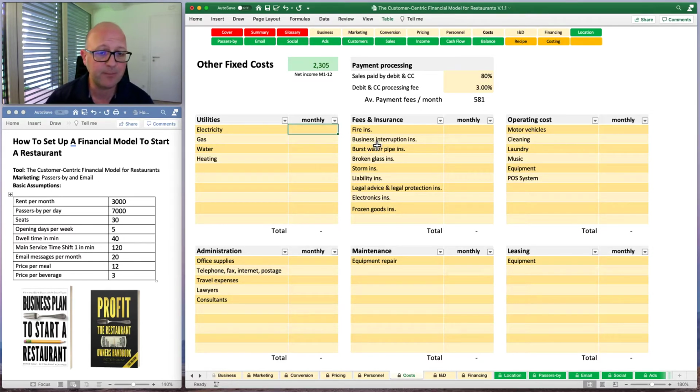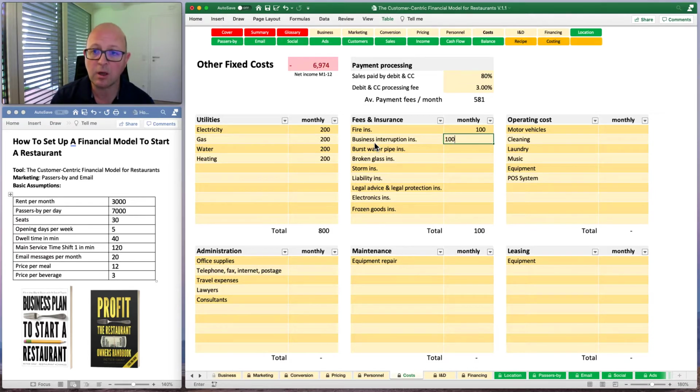Then we put in some numbers just out of my head for electricity, gas, water. These are just any numbers, I don't really think about it much now, just some example numbers.